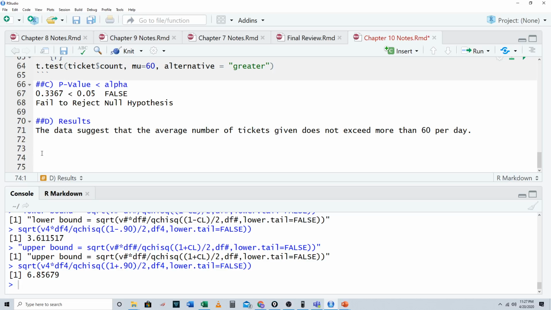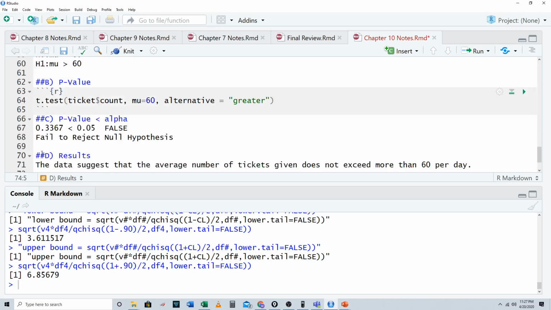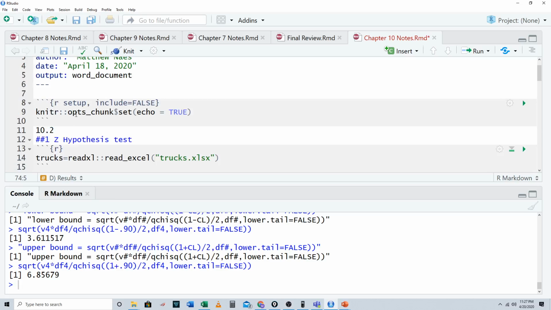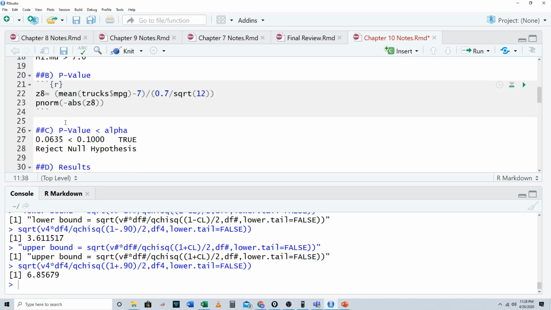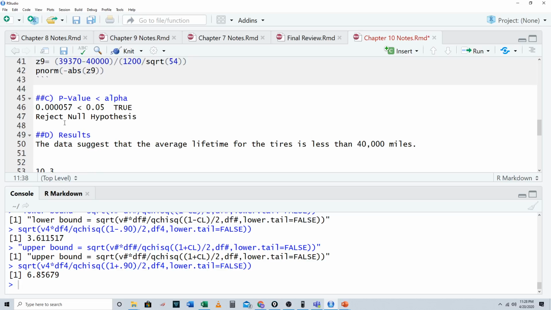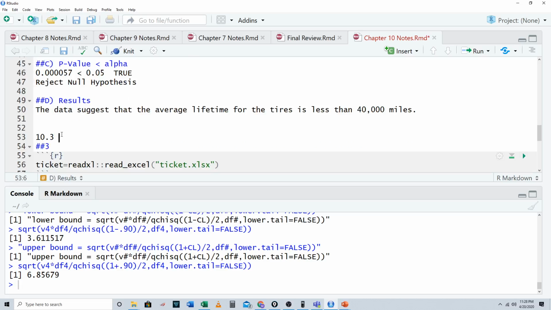Then we're going to have down here 10.4, which is going to be the Z distribution. Which basically means sigma is known, so we know the population standard deviation. Then we had 10.3, the T distribution, which means sigma unknown.